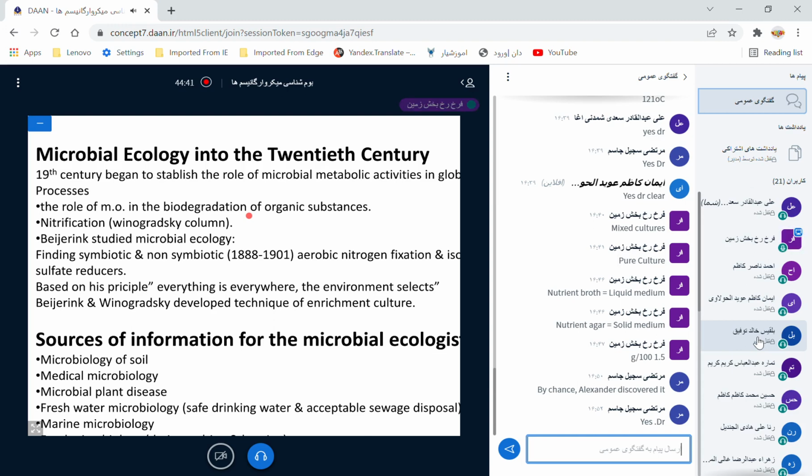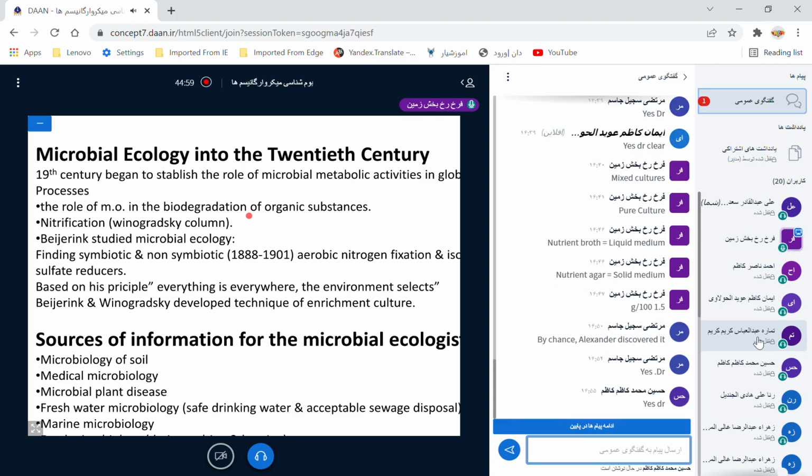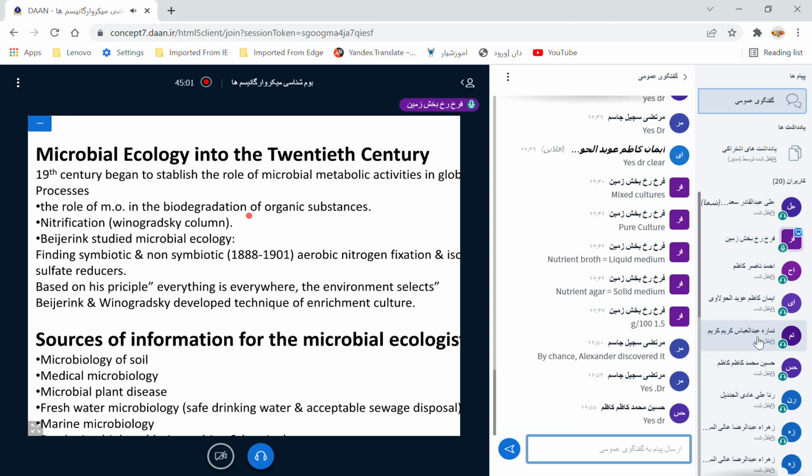They have many pollutions. Suppose Iran and Iraq have oil, and sometimes they transfer it by ships to other countries. So the Persian Gulf, Oman Sea, and the Indian Ocean are polluted with oil.